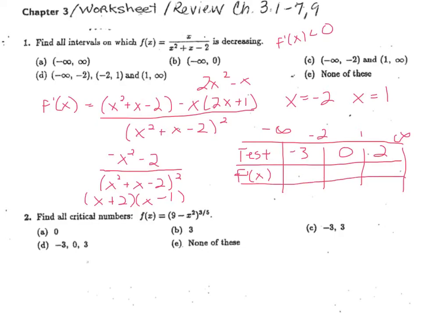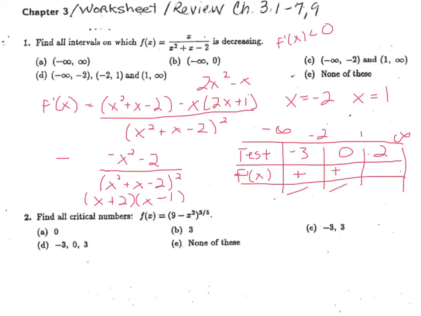So if I plug a negative 3 into my derivative, the top will always be negative no matter what. And the bottom will be negative as well. So that will be positive. So my function will be increasing. If I plug in 0, I'll have a negative on the top. And I will have a negative on the bottom as well. So that will also be increasing.